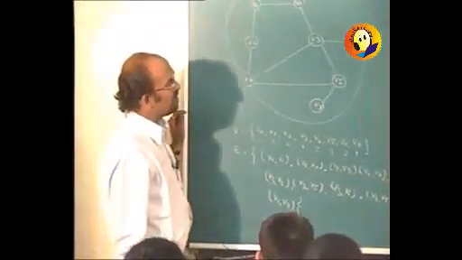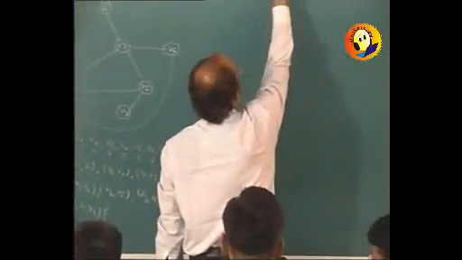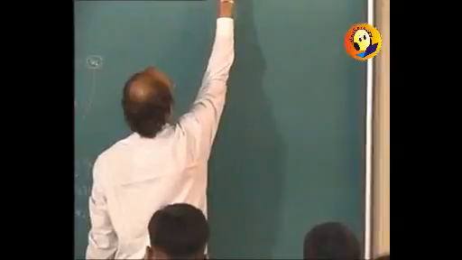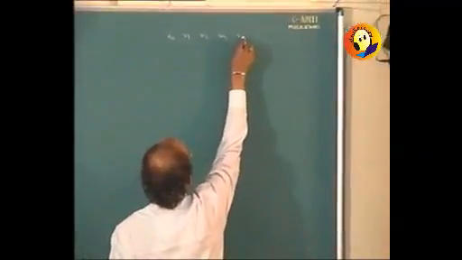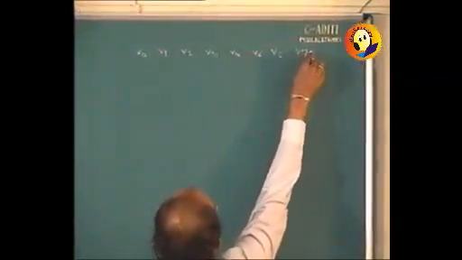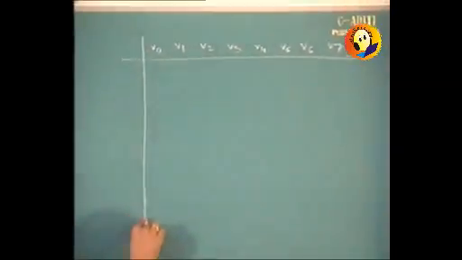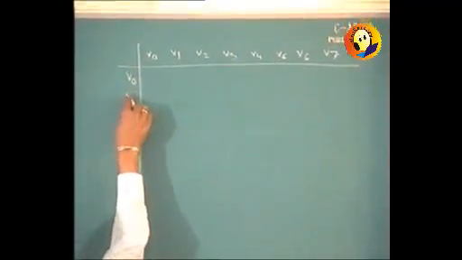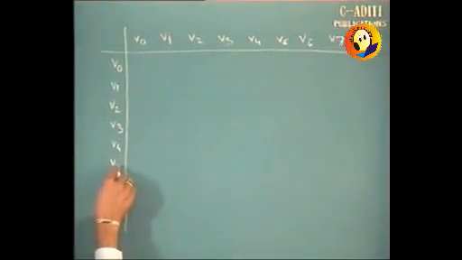Now when this graph is represented internally, we will use adjacency matrix, which is a matrix of vertex versus vertex. It is V0, V1, V2, V3, V4, V5, V6 and V7.